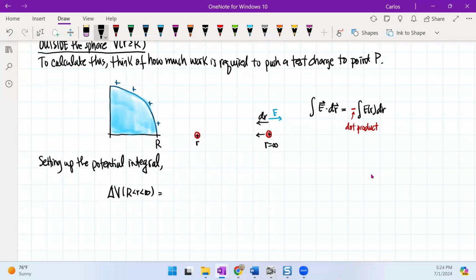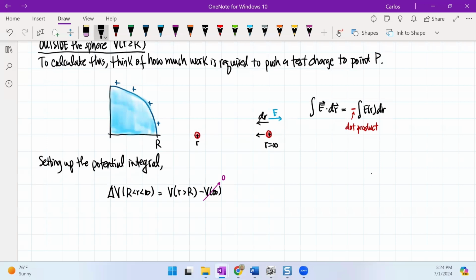Because we need a reference, this is going to be the potential at r greater than big R minus the potential at infinity. So then clearly that has to be 0, as we defined in the past.